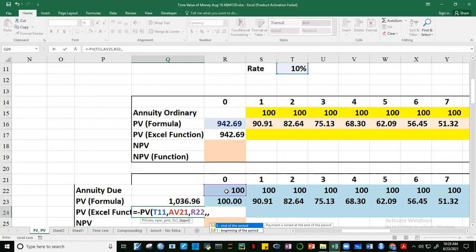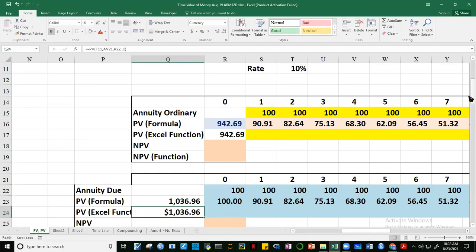Anong annuity to, guys? This is annuity due. So, we have to write beginning of the period. Yan ang difference, guys, ng annuity due at saka annuity ordinary. Ha? Sa annuity due, kailangan ilagay natin yung 1. So, ordinary, we can dispense with putting 0 there. Kasi pag hindi natin ilagay yung 0, babasahin pa rin siya as 0. Enter. So we have 1036.96.